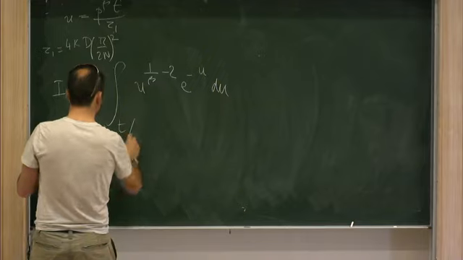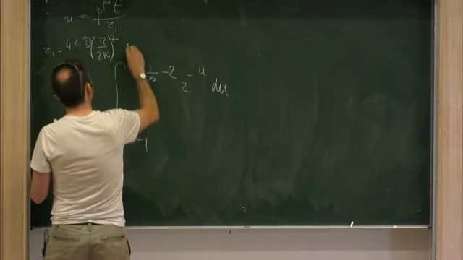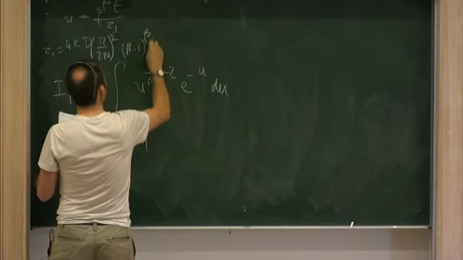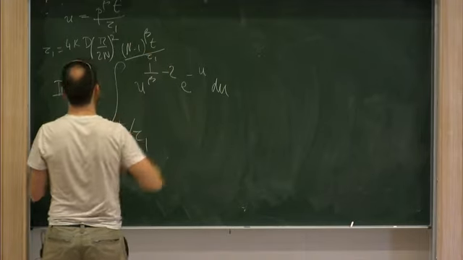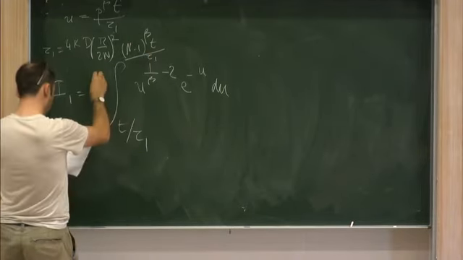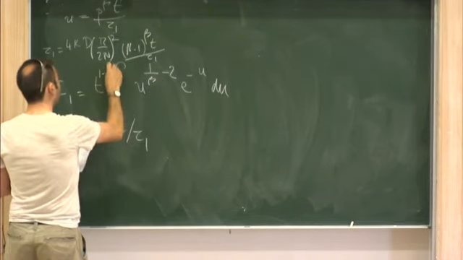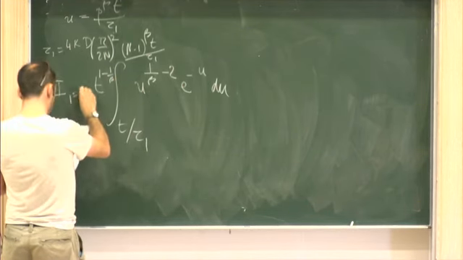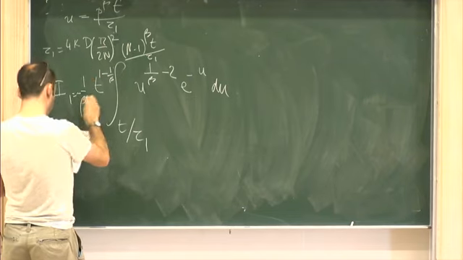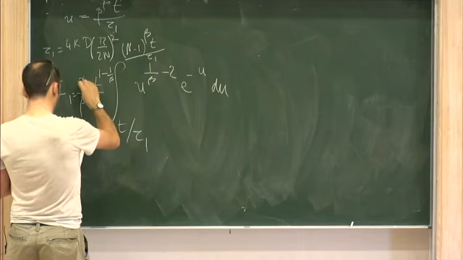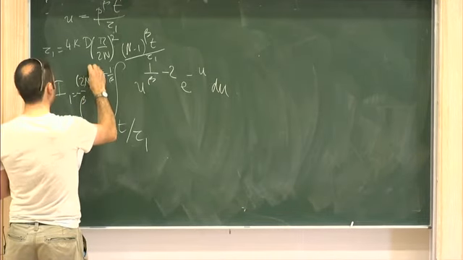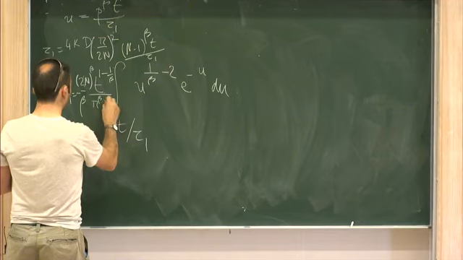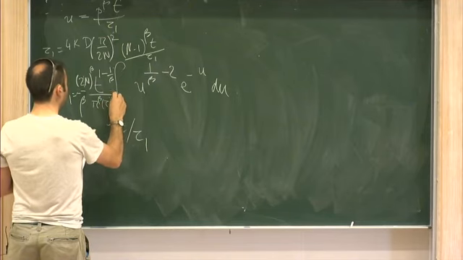You have t divided by tau 1, n minus 1 here to power beta, t divided by tau 1. And there is a term here, which is t to some power 1 minus 1 divided by beta. And then there are other terms: minus 1 divided by beta, 2n to the power beta, pi to the power beta, and there is also tau 1 to the power 1 minus 1 divided by beta.